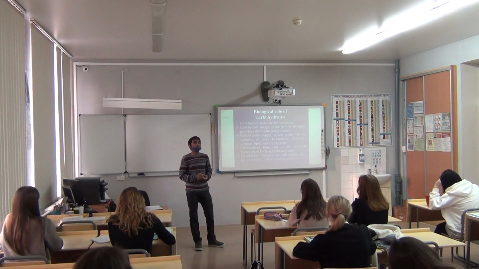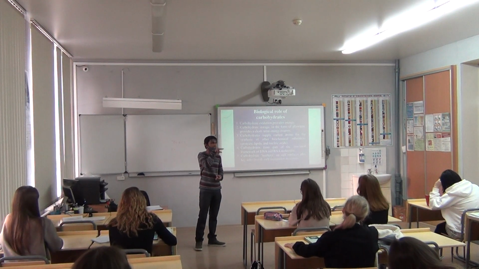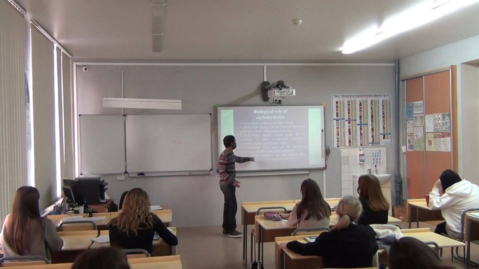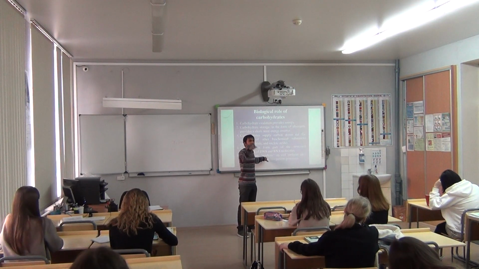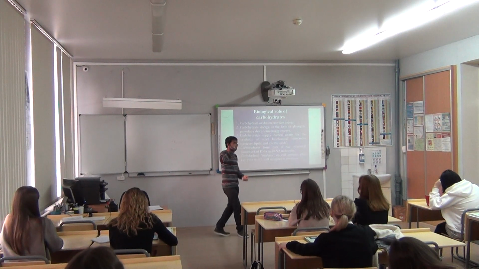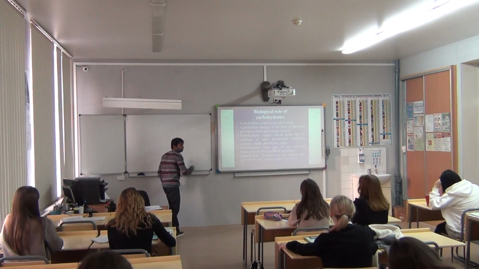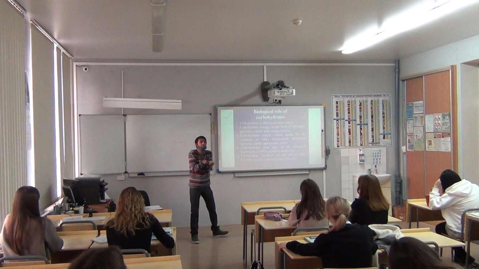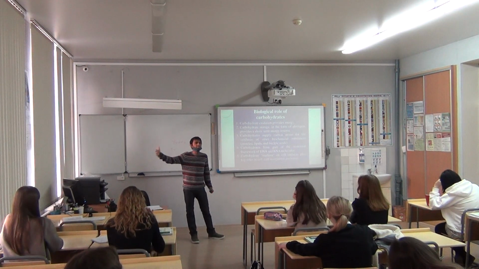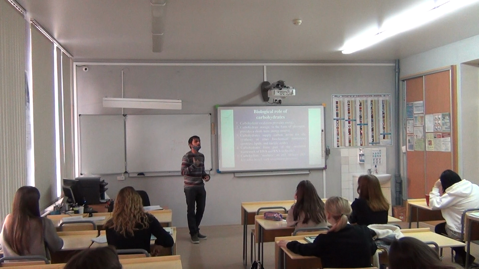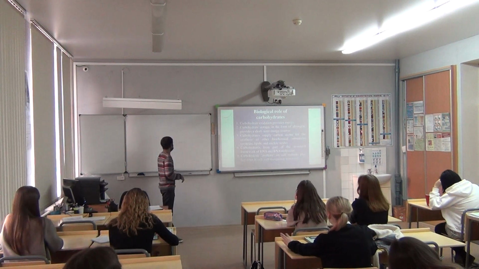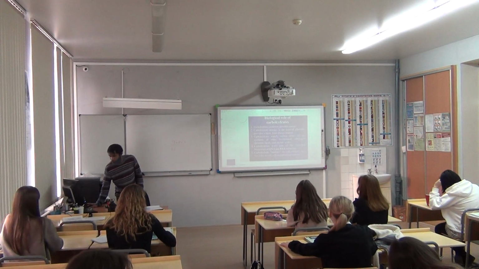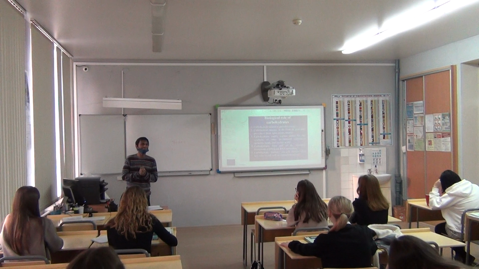Carbohydrates act as markers for cell recognition, so that the immune system doesn't kill it. It says, ah, it's our cell, we shouldn't kill it. So that's all. We are done with the carbohydrates.